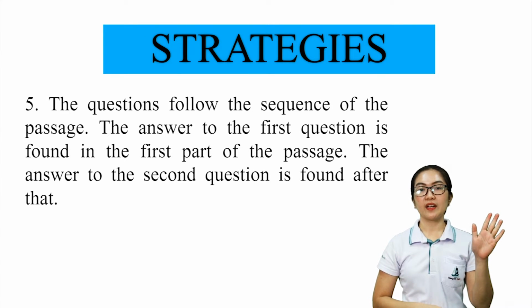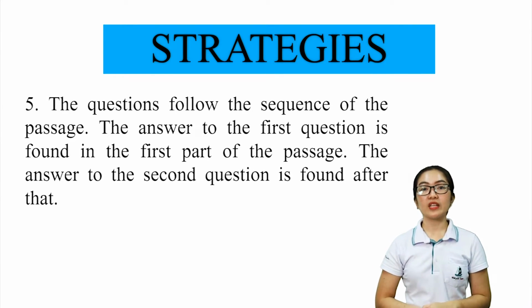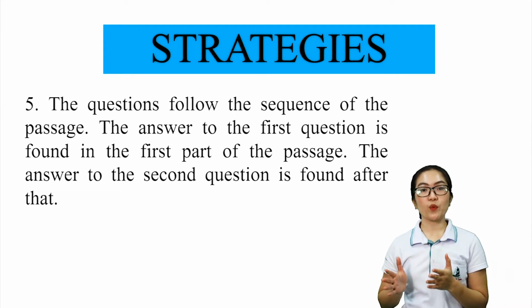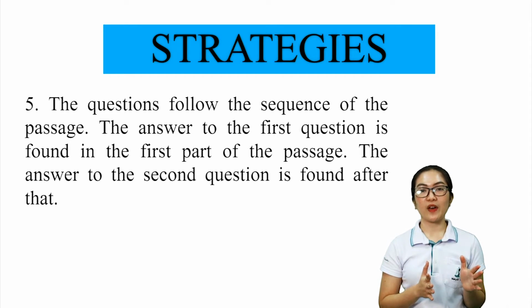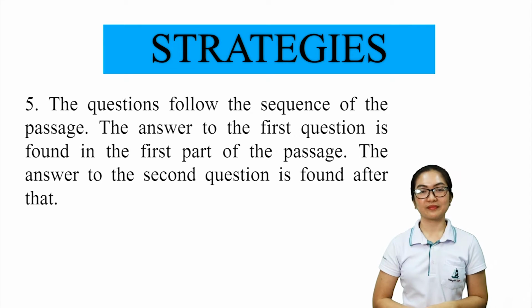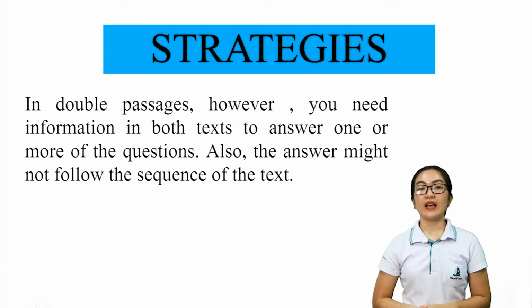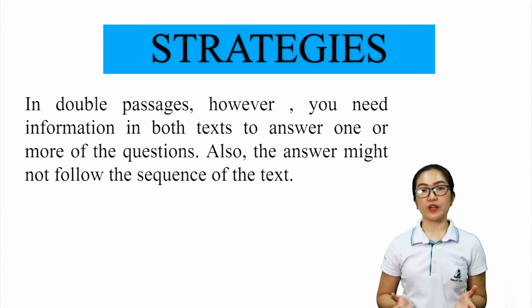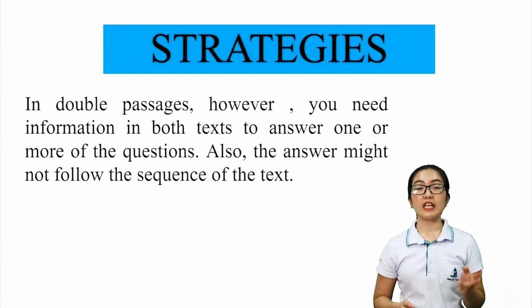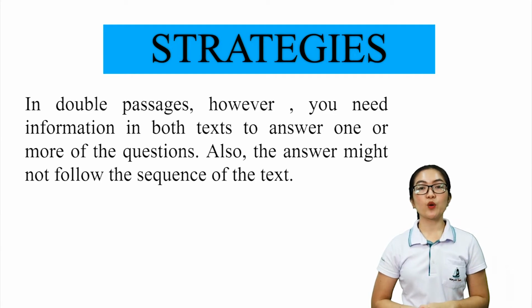Number 5. The questions follow the sequence of the passage. The answer to the first question is found in the first part of the passage. The answer to the second question is found after that. In double passages, however, you need information in both texts to answer one or more of the questions.